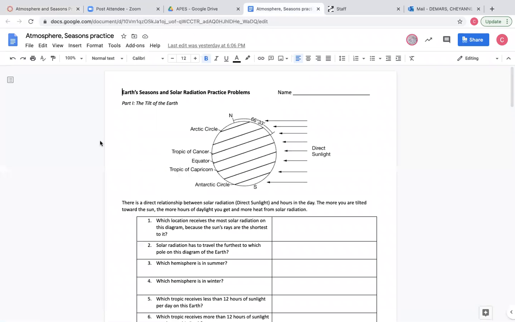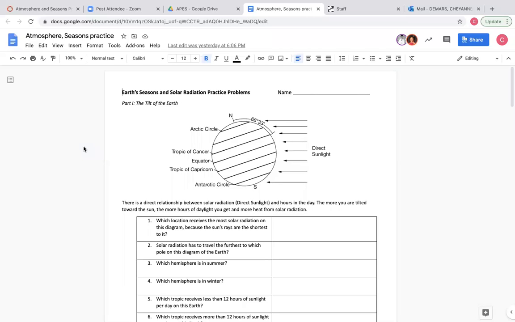When you get it pulled up on Google Docs, make sure you click file and make a copy so you can type on it. I'll give you a second to get that pulled up and have a copy made.